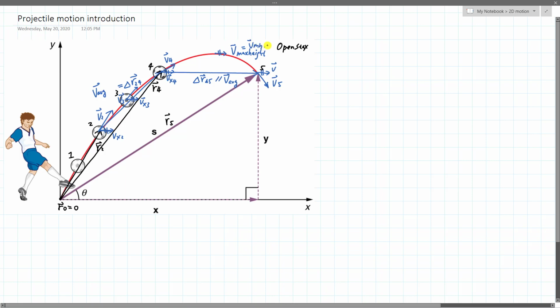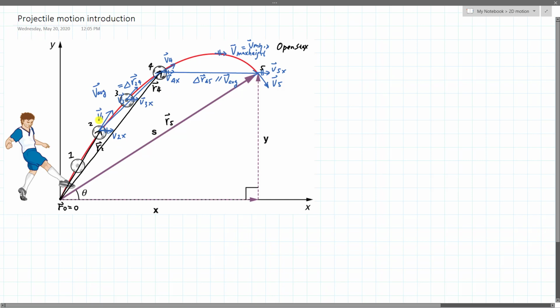Max height x, so this is 5x. I think that's a little easier. 2x, 3x, and 4x. Okay, change my notation. So now the numbering is preceding the component.